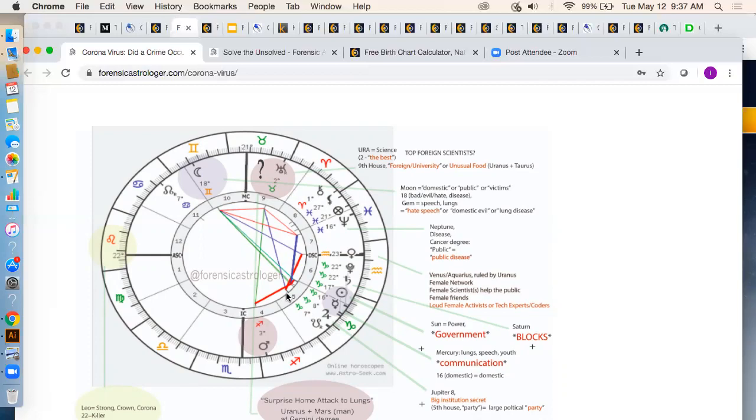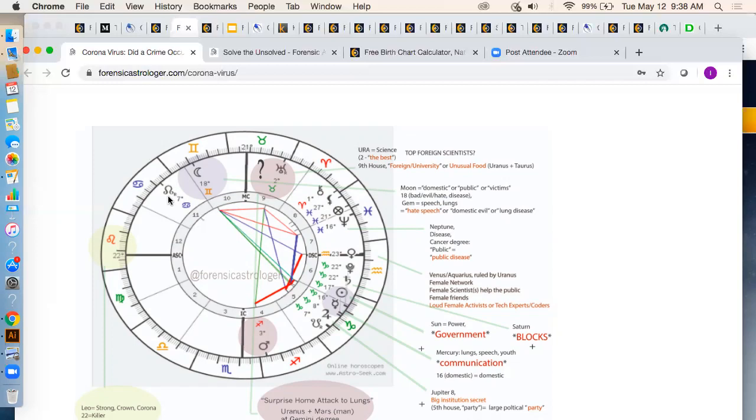In crime charts, we look at Rahu to find out who lied. And here it is in the 11th house. It's a Uranus house, traditionally ruled by Aquarius, and it's in Cancer. So Cancer means domestic, and with 11 degrees meaning network, it could mean domestic science network lied.